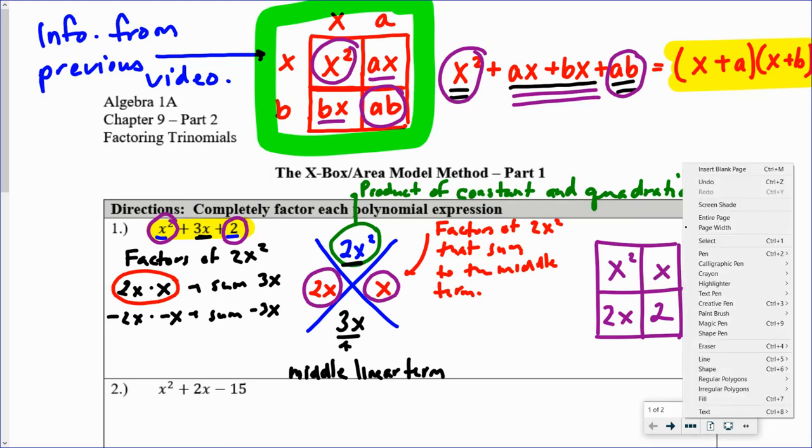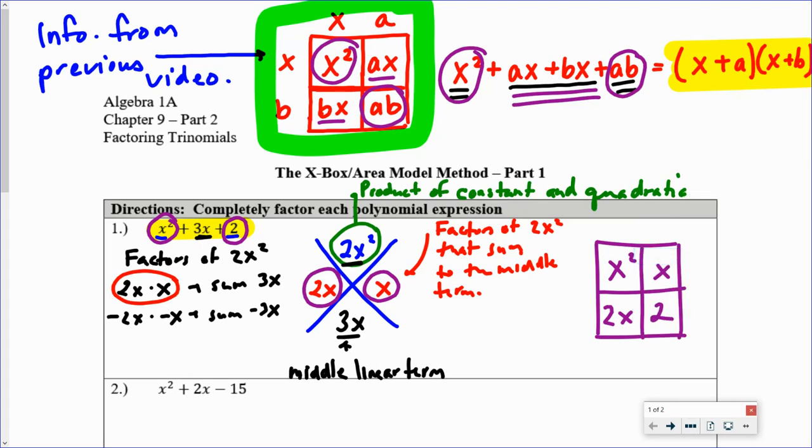All right, so if you look, what we have is basically the opposite of what we did last time. So last time we started off with the factors and got the area. Now we have the area and we want to find the factors. So the way that we're going to do this is we need to find the GCF of each column and row.